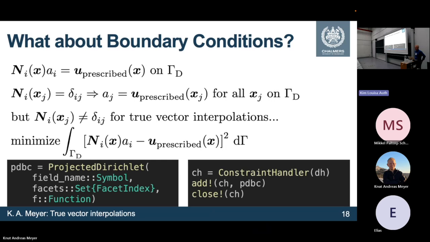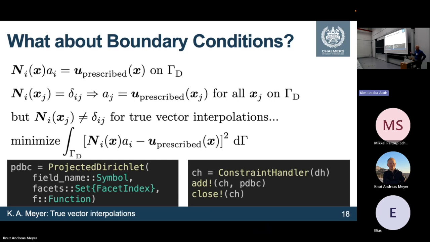And usually we just say, well, you just constrain the value at the nodes, and the nodes have a coordinate, and you have a function, and you say, what's this function value at this node? And then you prescribe your degree of freedom to that value, and you're happy. But for these things, we don't have a node. We have an edge or a face that we would like to say on this part, we would like to prescribe a function, but there is no such function.